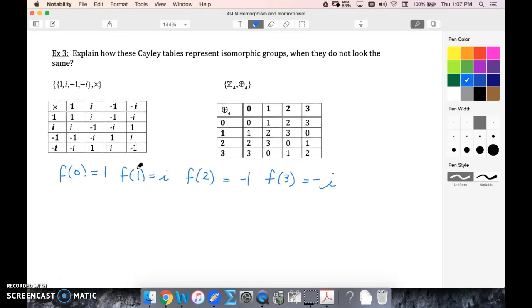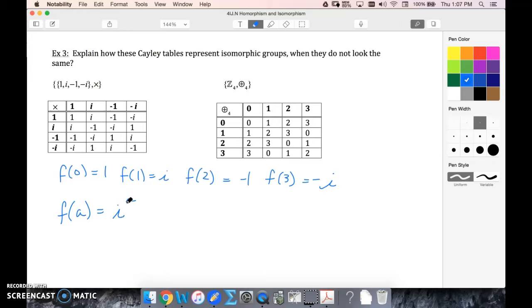The other way we can do it is to show that they're isomorphic by determining what the function is and then showing that our properties hold. So the first thing that we need to do is our function. Well, looking at these, I know that all of these values are powers of i. So if I have f of a equals i to the a, let's think about this.